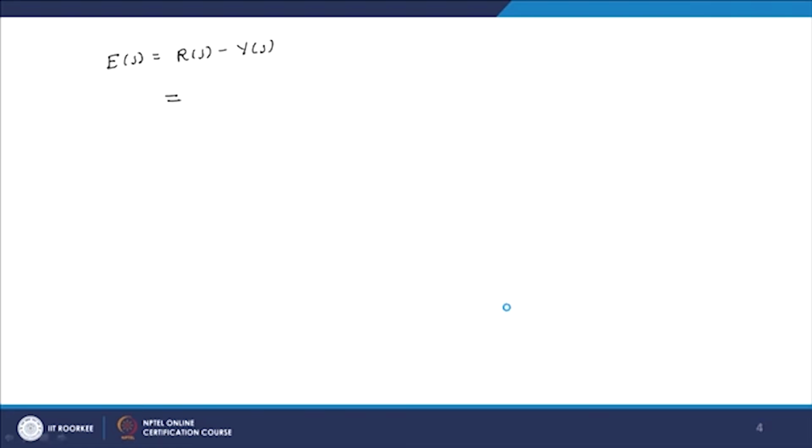So, placing this Y(s) here, we get R(s) minus T(s) into R(s). Now, R(s) is common, so we can take it out: R(s) times 1 minus T(s). Now, we have got the equation like this.